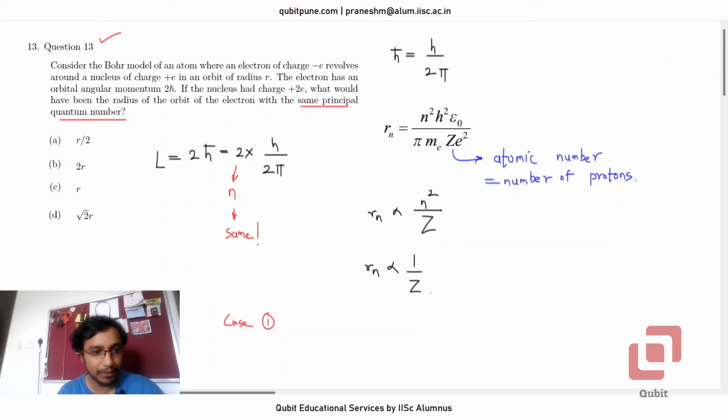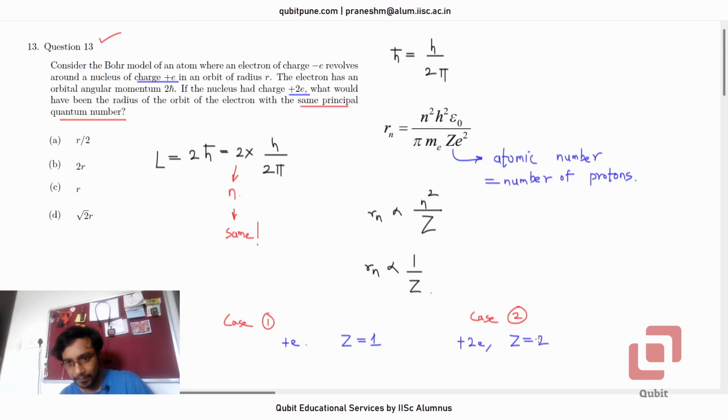There is only one. So for case 1, they are saying charge positive e. That means Z is equal to 1. And for case 2, the charge inside the nucleus becomes plus 2e. That means Z becomes 2.